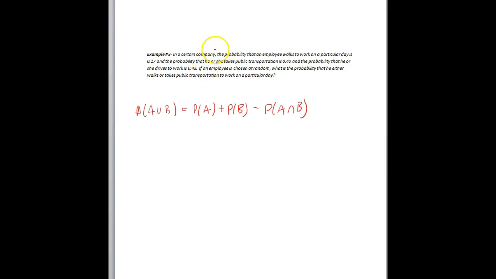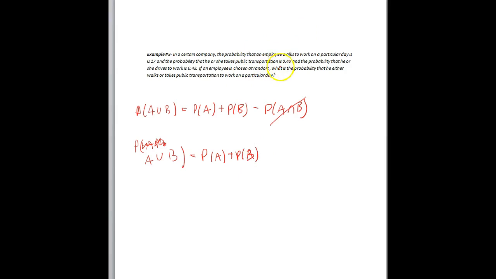But the main concept is that we notice these probabilities are all mutually exclusive, right? So A and B, or B and C, or A and C can never occur at the same time. So we can just throw away this intersection point because we know it can't happen. So for mutually exclusive events, the probability of A union B is just equal to the probability of A plus the probability of B.